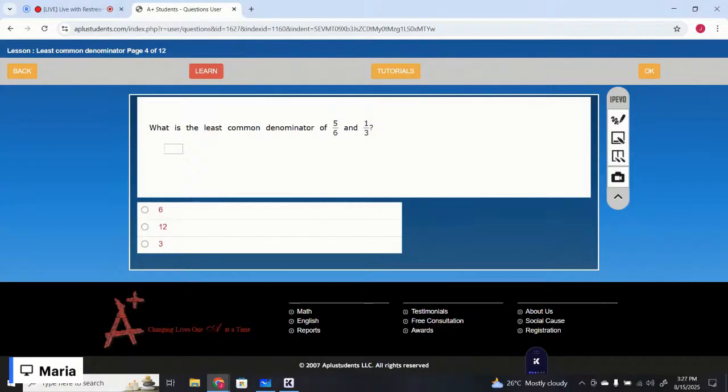What is the least common multiple of 6 and 3? That is 6. Option number 1 is the correct option.